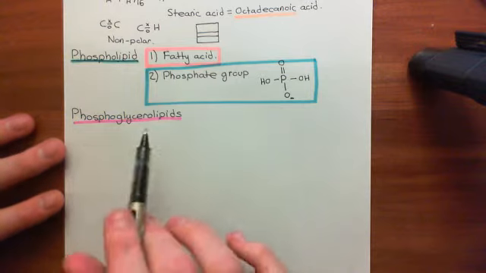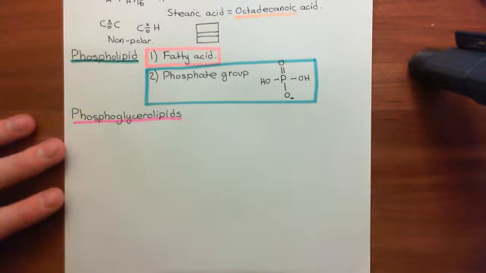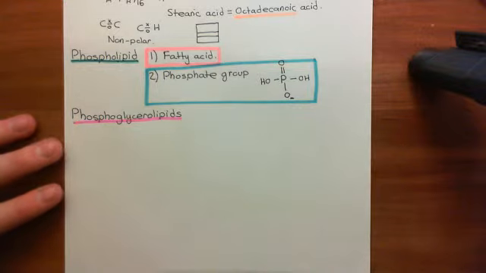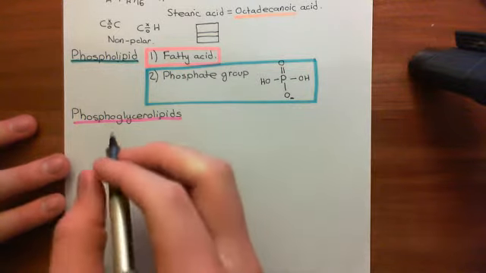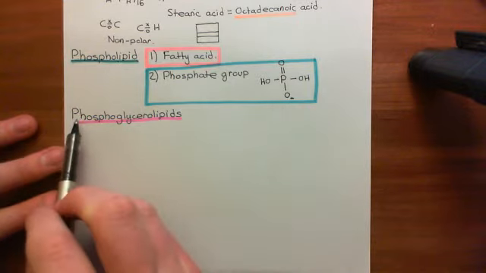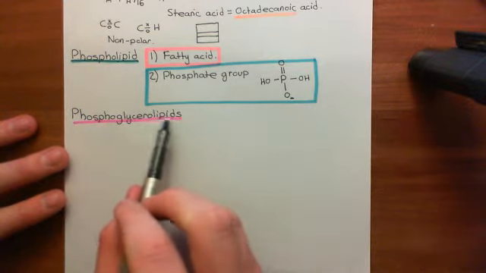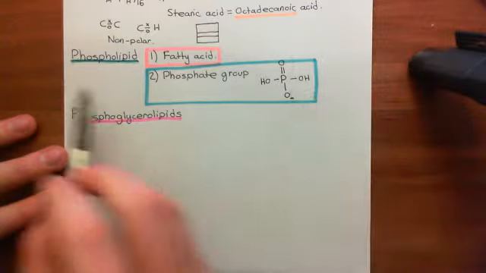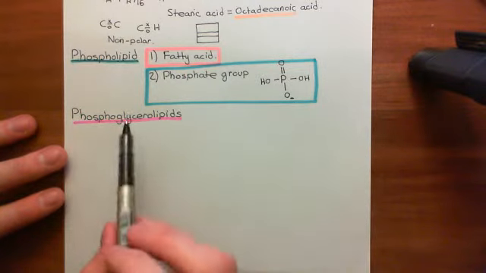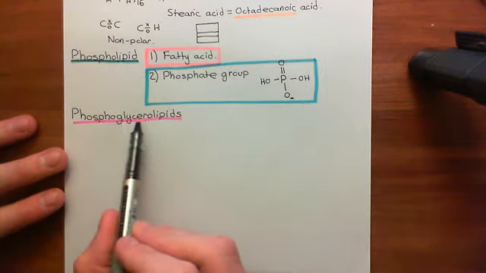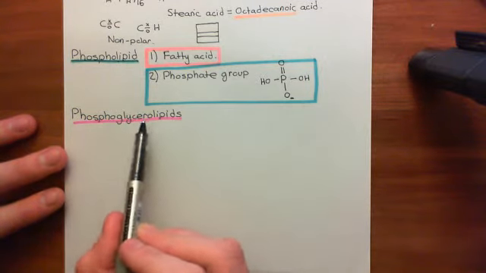Most likely, if you've got a picture of a phospholipid within your head, that picture will probably be denoting a phosphoglycerolipid. The name kind of gives it away. Phospho, and then we've got lipid back here, so that tells us it's going to have these two structures in: a fatty acid and a phosphate group. Glycero tells us that it's going to have glycerol in as well.